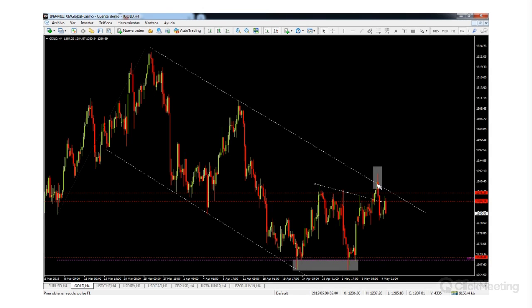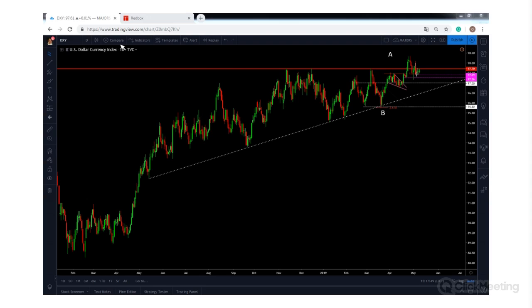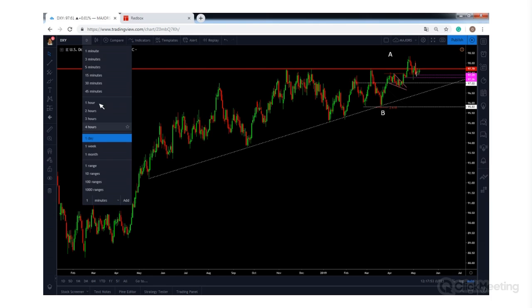Price in gold moved above this trend line with this big bear structure, but immediately went down. So this was a fake out. Okay, if we go back to the DXY, and let's grab the 1 hour chart on the DXY.